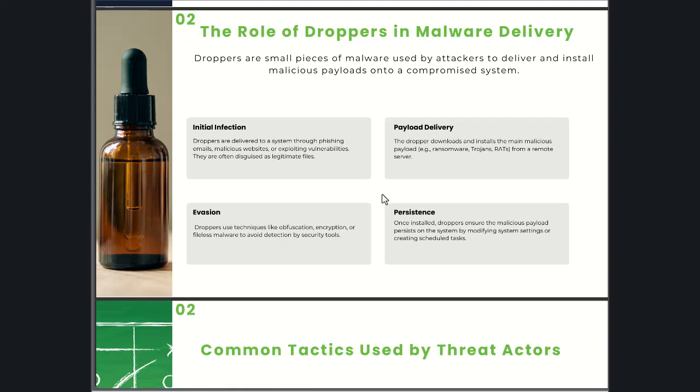So the dropper works in different stages. Also for payload delivery, a dropper can be used to bypass AV vendors in some cases, and also for evasion, as we mentioned, bypassing antivirus vendors like Kaspersky, ESET, Avira, Avast, Norton, McAfee, and so on.